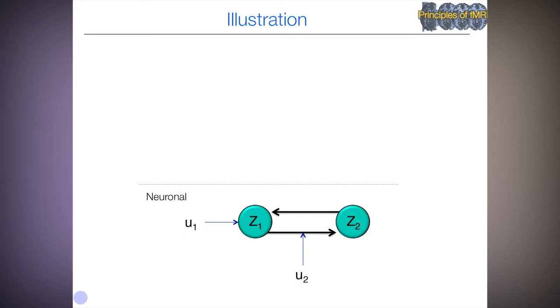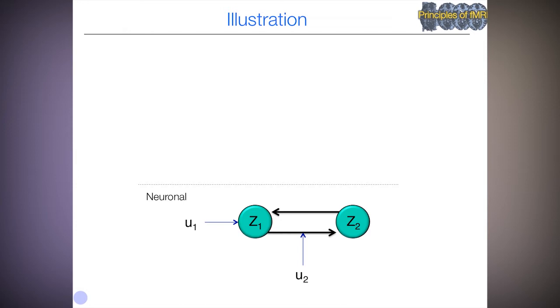Now, however, the problem with this is that we can't measure neuronal activation using fMRI, so we have to do something else. So what we do is we perturb the system here. So let's say that we have some sort of task, and this gives rise to the perturbation as follows. So U1 perturbs Z1, so it might increase the neural activation, and U2 changes the relationship between regions 1 and 2.